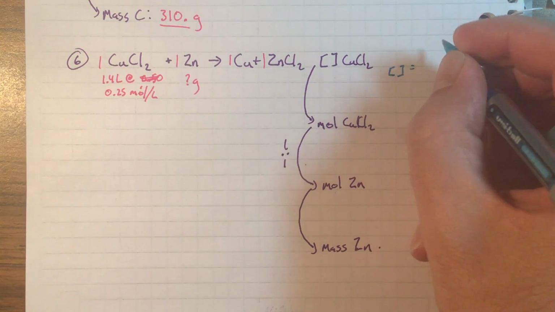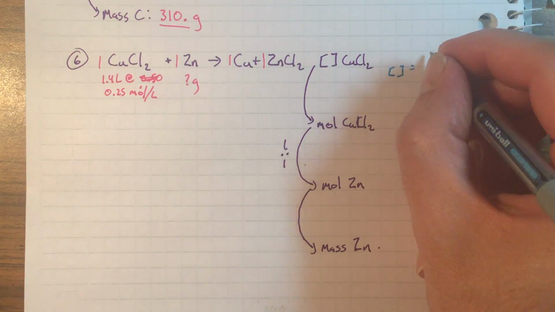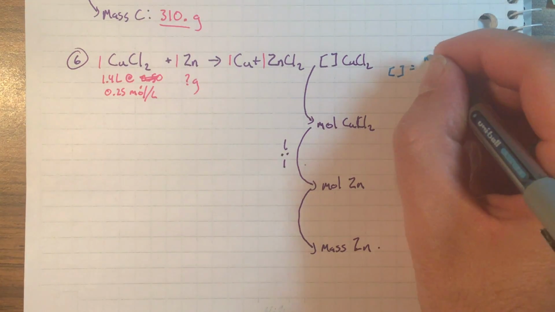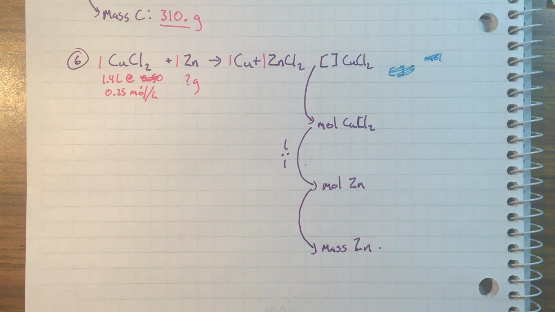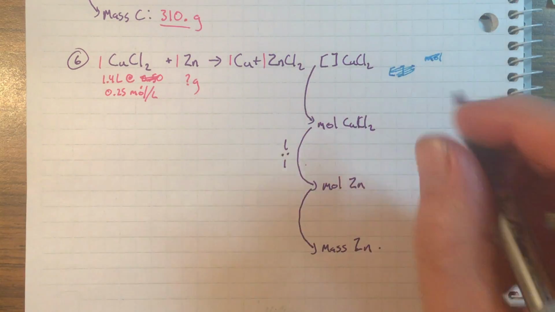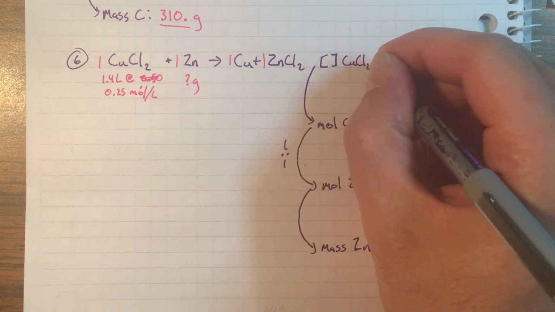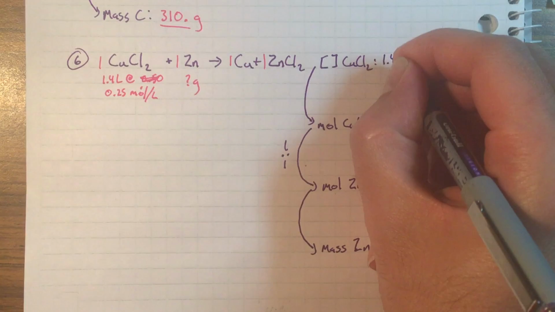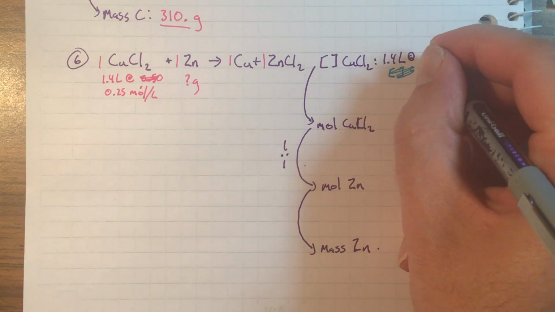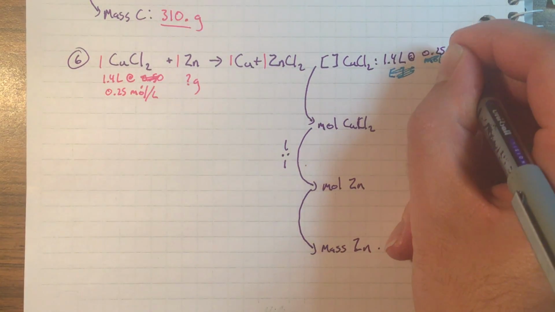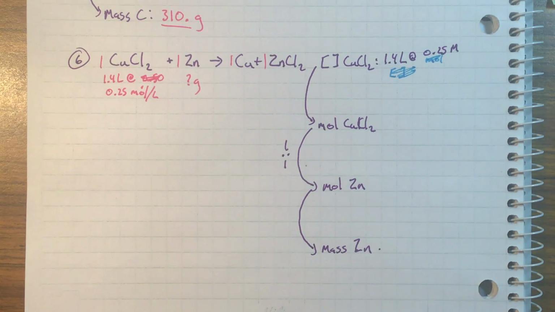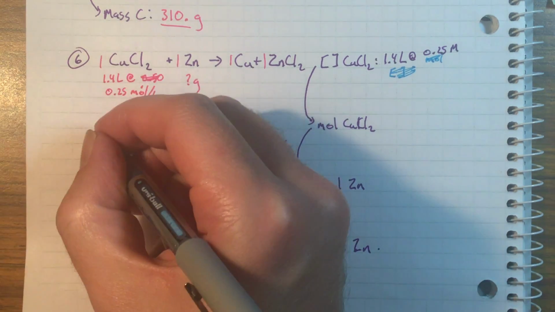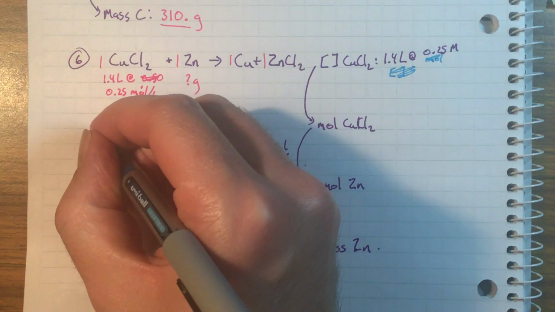is equal to our moles. I'm going to have to do this work somewhere else. It's not going to fit in here. For a concentration, we've got 1.4 liters at 0.25 M. So I'm just going to work over here for the concentration.